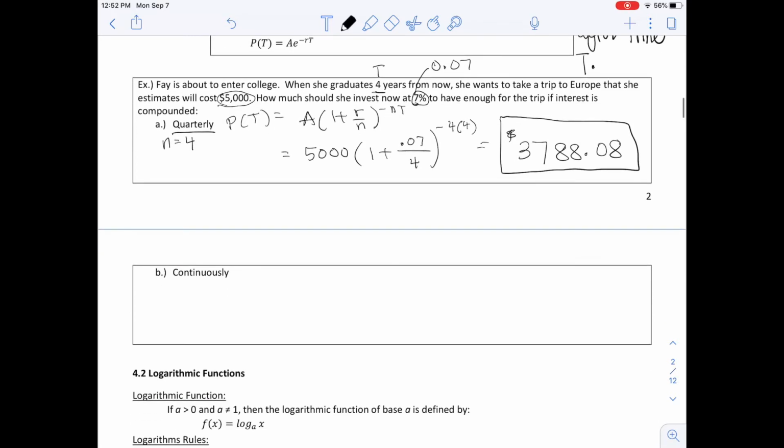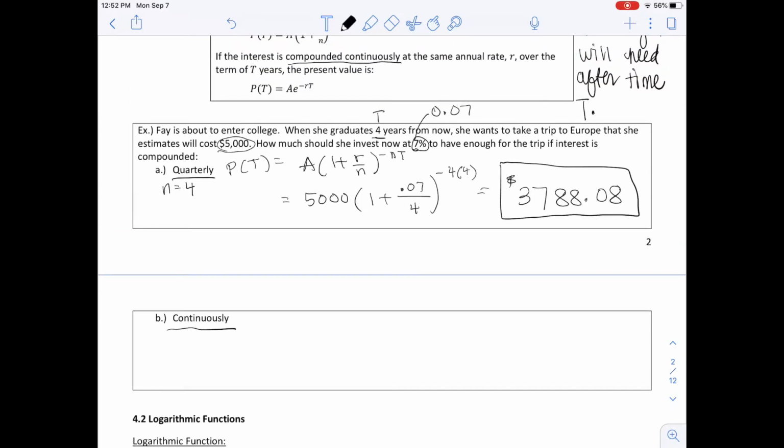Now, if she goes to a different bank that has it continuously compounded, this is going to be a different story. For continuously compounded, up above, you can see that we have a different formula. Our formula for this one, and go ahead and copy it down, is P of T equals A e to the negative R times T. Our A is $5,000, still what she needs for the trip.